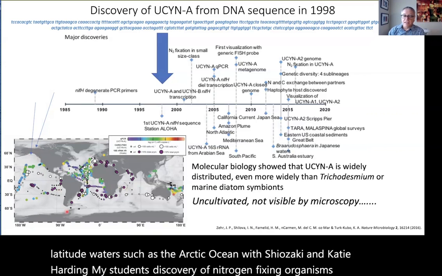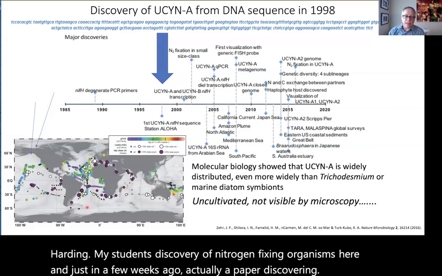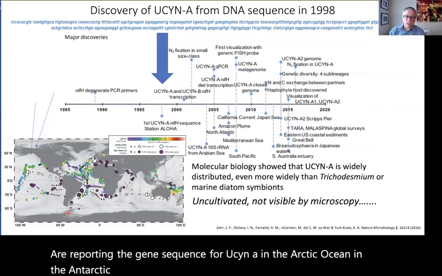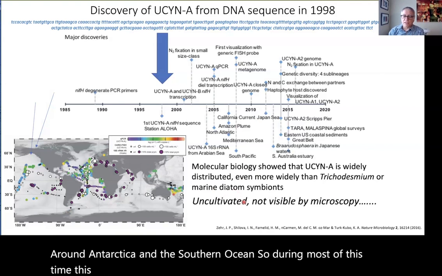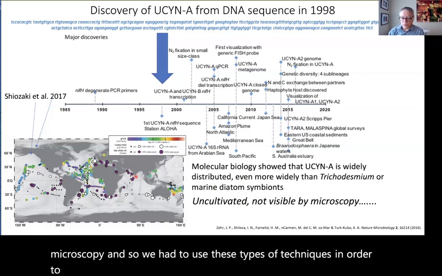And just a few weeks ago, actually, a paper reporting the gene sequence for UCYN-A in the Arctic Ocean, in the Antarctic Ocean as well, around Antarctica, the Southern Ocean. So during most of this time, this organism continued to be uncultivated, not visible by microscopy. And so we had to use these types of techniques in order to look for UCYN-A.